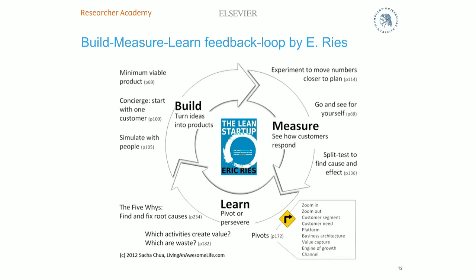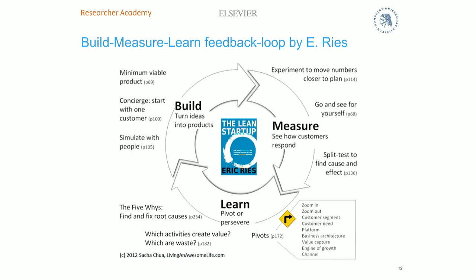You have on the left side the item build. You turn your ideas into products. This is the first step. This is what you do when you create your MVP. You also take an approach in starting with just one customer, so you're not trying to satisfy all the different customer segments on the market.